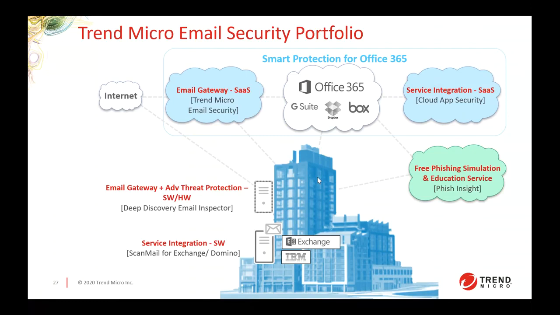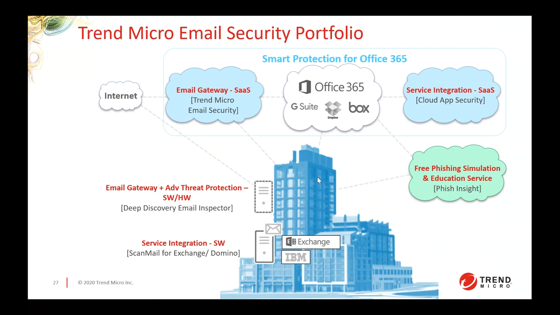Same like that, for on-prem we have two kinds of solution. The email gateway is IMSVA, the InterScan Messaging Security Virtual Appliance product, which is available as a virtual appliance or hardware.